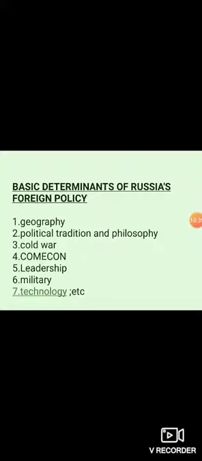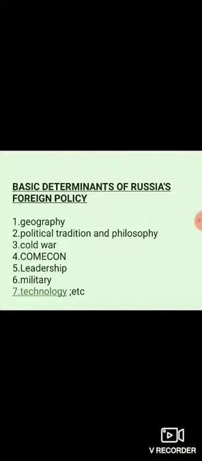Now, geographically, it was the largest territory, and it still is the largest territory. So geographical and territorial integrity was one of the foremost objectives of its foreign policy, and to a large extent, determined the foreign policy of Russia.